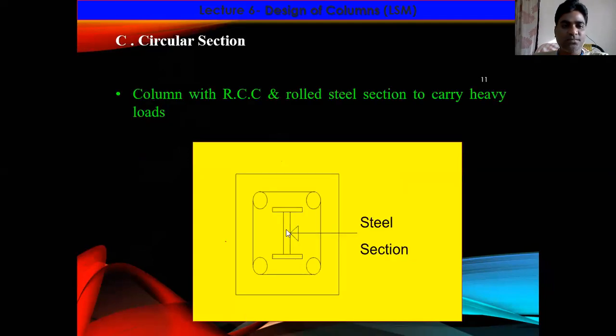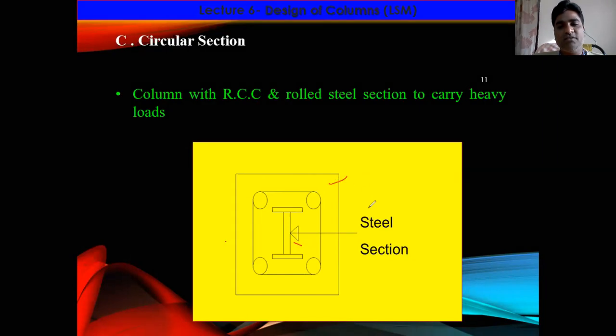And this is the composite section. This is your rectangular section, and in the middle you can provide the I section, and there are 4 main bars. Then you can pour the concrete. This will carry very heavy loads as compared to other sections.